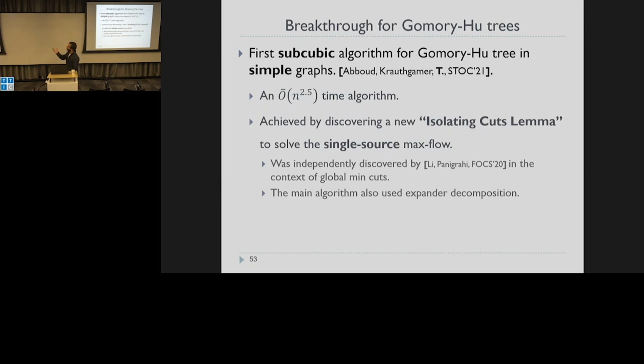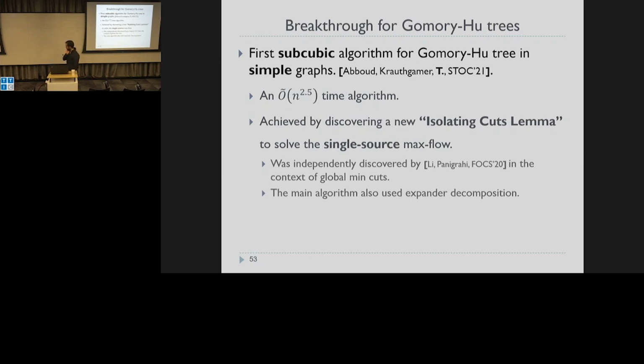The main tool that we discovered is called the isolating cuts lemma. This is what we use to solve the single source problem. Then with this reduction to single source, we managed to solve the entire problem.